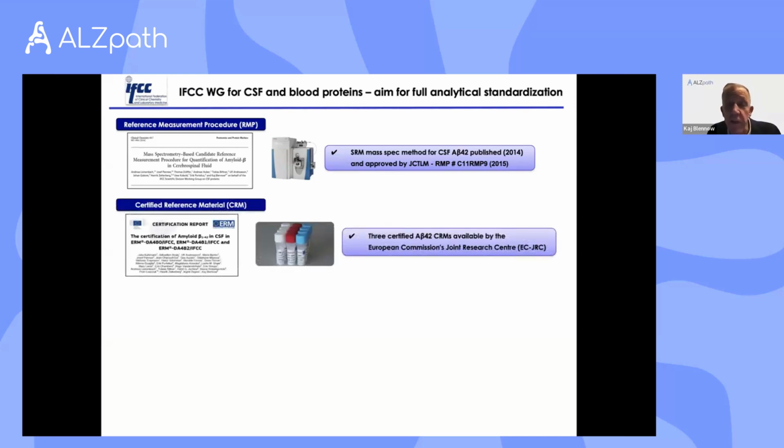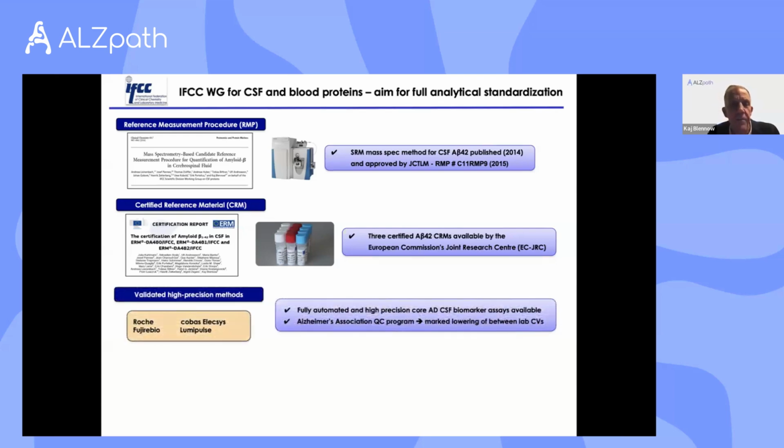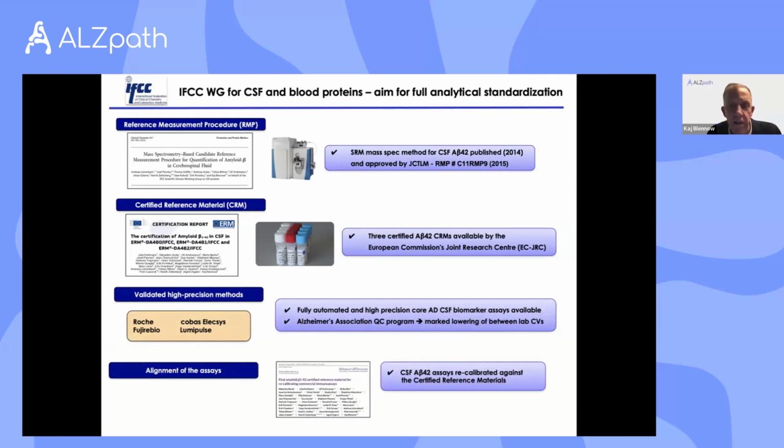We have certified reference materials at 3 different levels, available from the European Commission Joint Research Center in Belgium. We have validated high precision methods, and we have studies showing alignment of the assays, so that the different assays actually give the same readout in concentration.